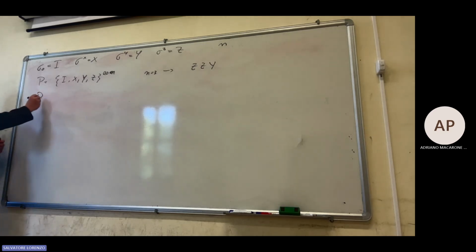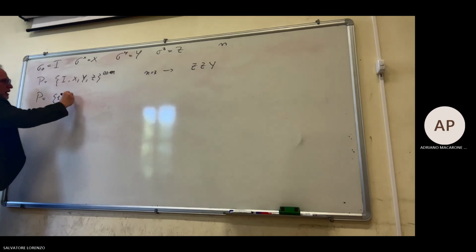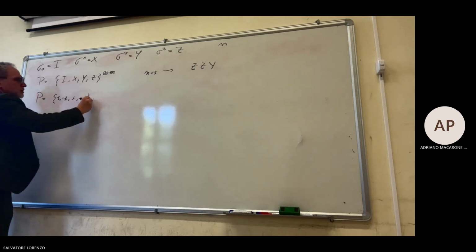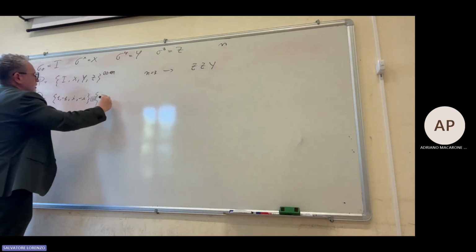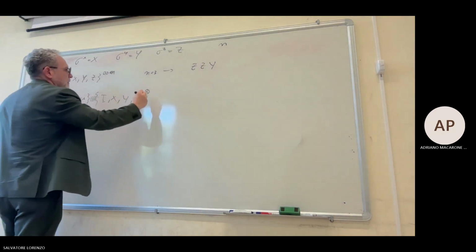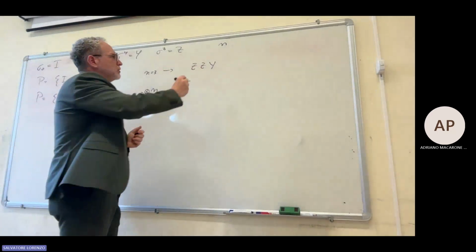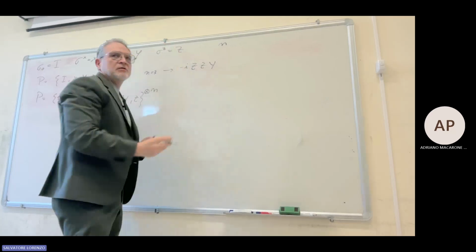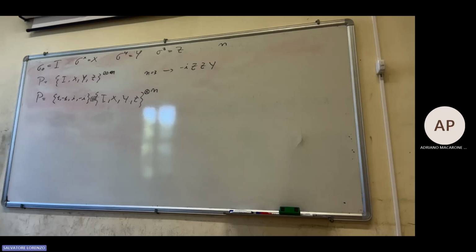So we consider the Pauli group as an element that can be 1, -1, i, -i, times I, X, Y. This means that together with this, we can also consider an operator that, for example, is -I, and then the same stuff. Okay, this is the Pauli string.